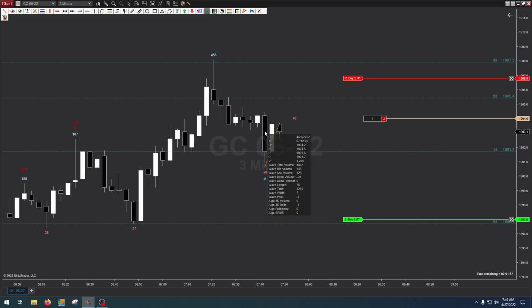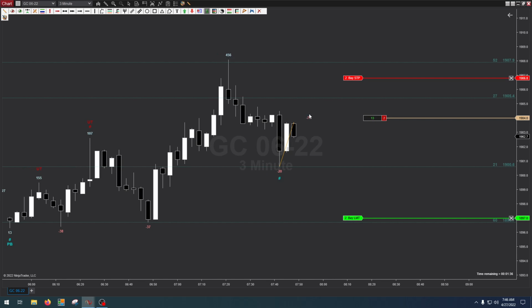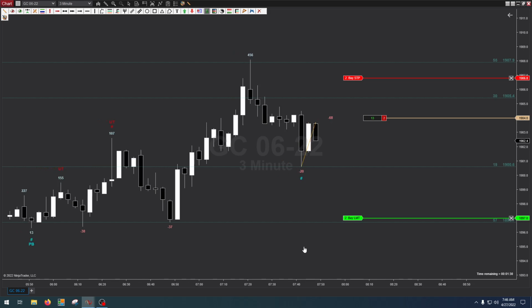I think this closed right at it, or one tick below. 1.7, yeah, just closed right at it. That's where I originally had it drawn right there. So this is acting as support. So we need to go after that low right there. And we do have a pretty decent negative volume delta there at the moment.